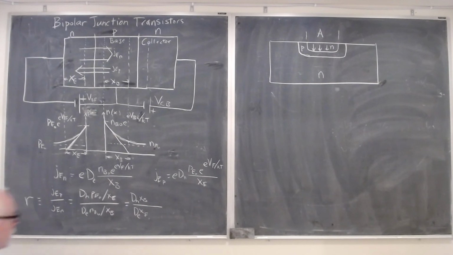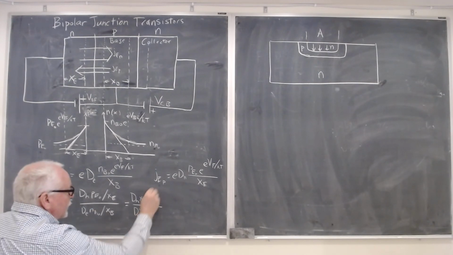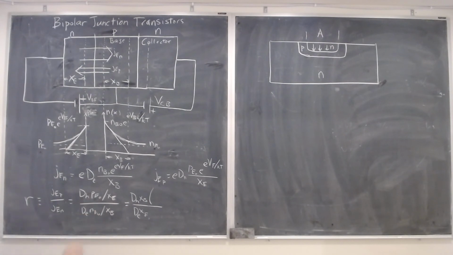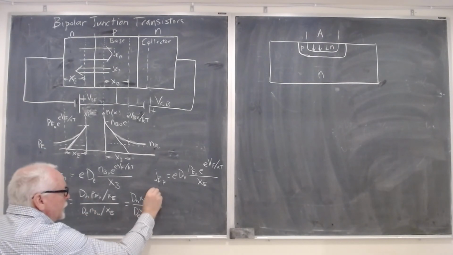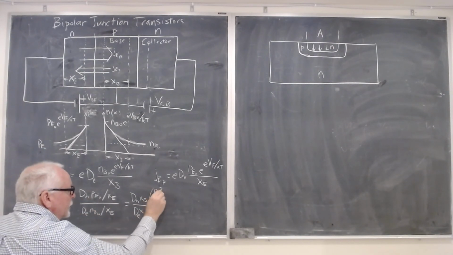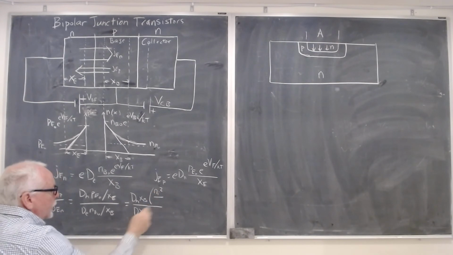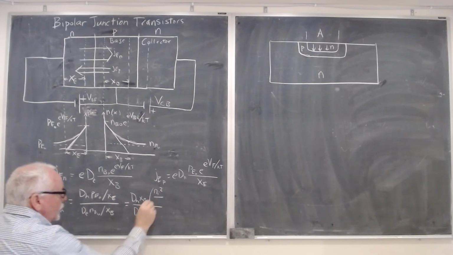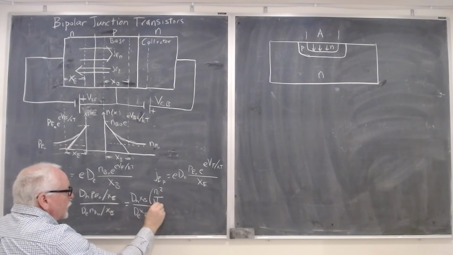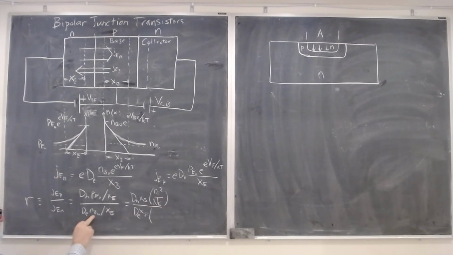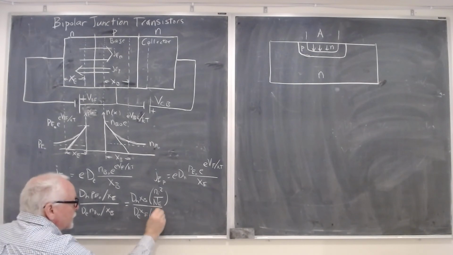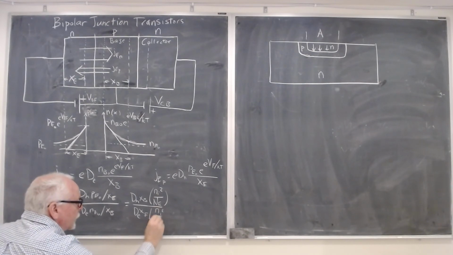And now I'm going to write out P_E0 and N_B0. Okay, and you know how to do that. P_E0 is the equilibrium hole concentration, so that's n_i squared over the emitter doping. And N_B0 is n_i squared over the base doping.